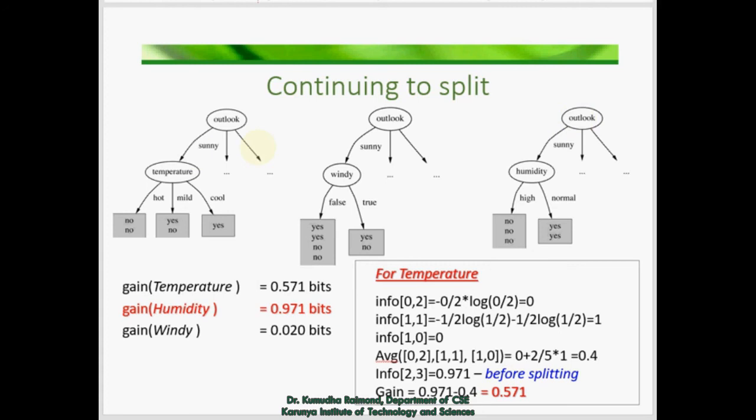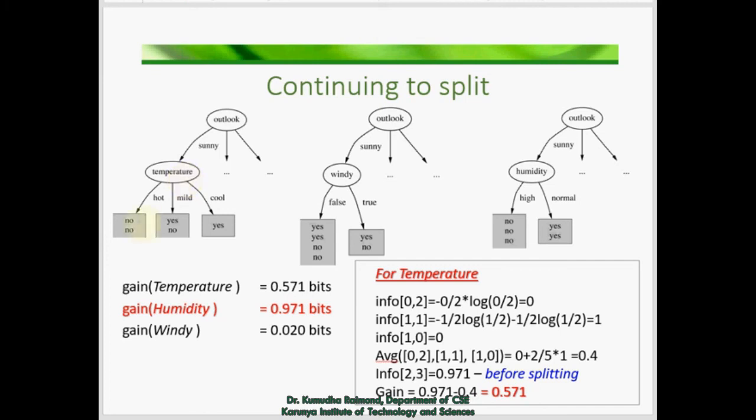Now it is my responsibility to find out the next level of nodes. In this particular place, if my outlook equal to sunny, then I am going to come up with another suitable node. I am going to find out which attribute is going to take this particular place. So I am left with 3 input attributes: temperature, humidity, and windy.